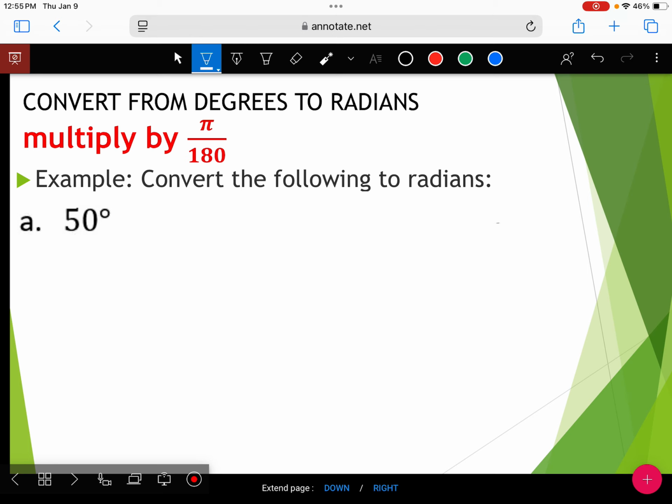So we're going to learn how to convert an angle that's in degrees to radians. If I want to convert an angle that's in degrees to radians, you need to multiply by pi over 180. That's what you're going to multiply by.